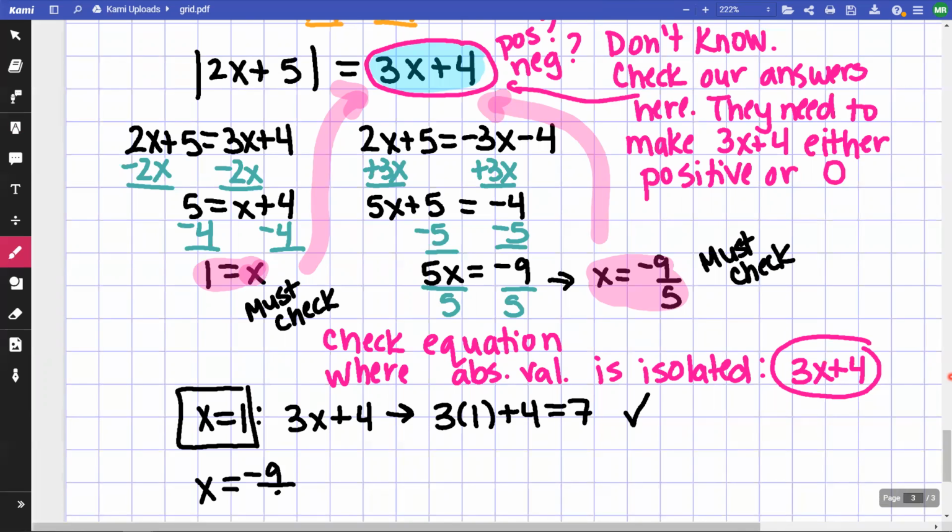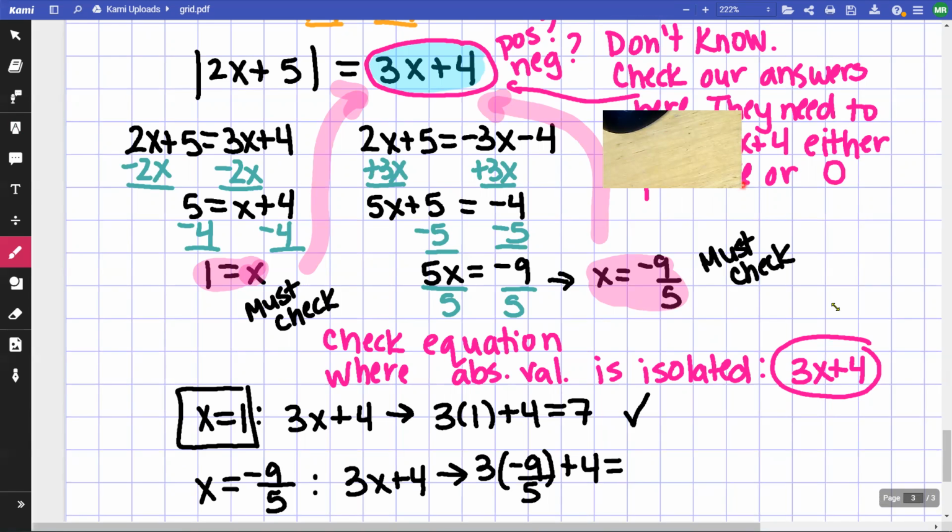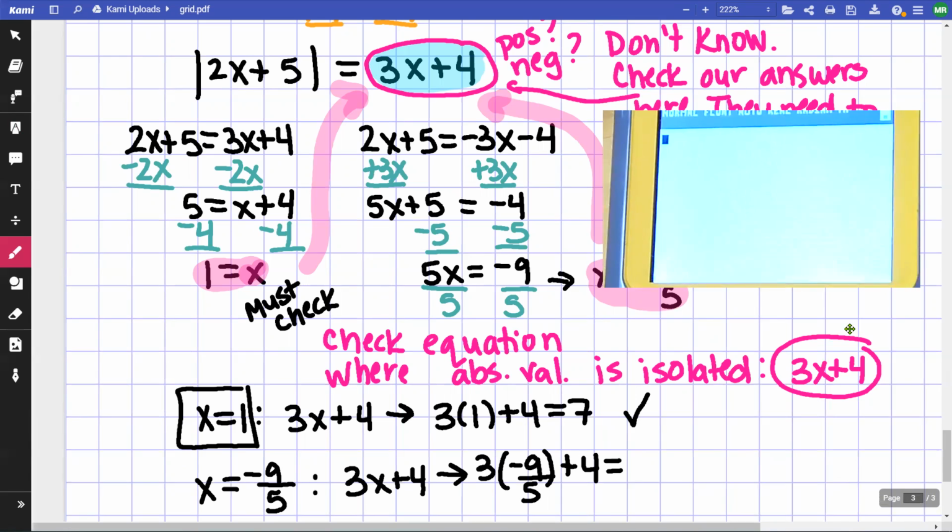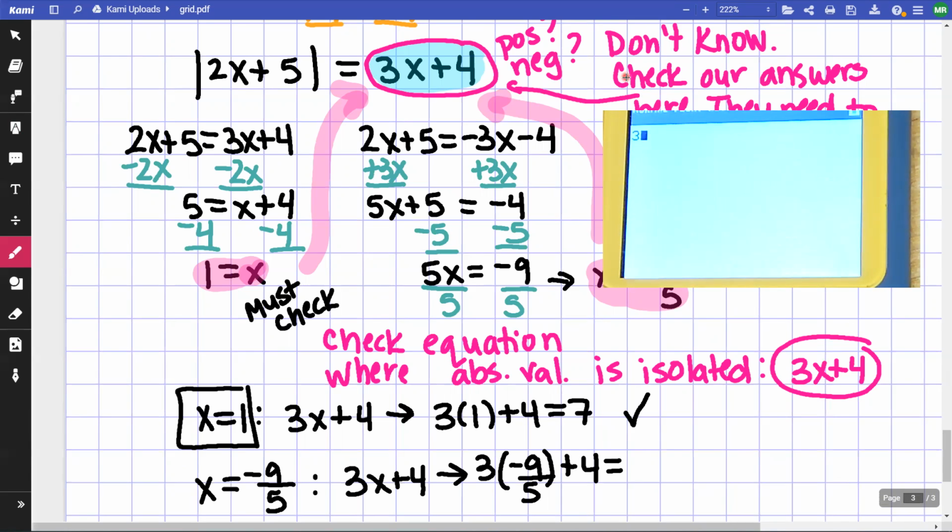So I'm going to take x equal negative 9/5 and substitute that in. So I'm going to have 3 times negative 9/5 plus 4. And really, I only care about the sign of it. Let me just open up a calculator here. So I am going to go 3 times negative 9/5 plus 4.